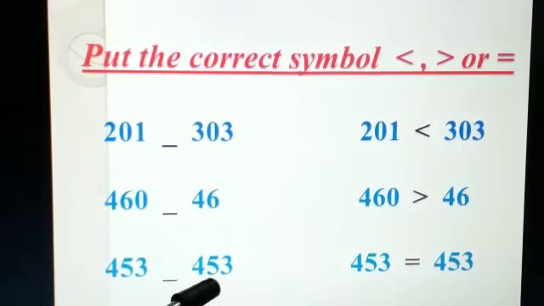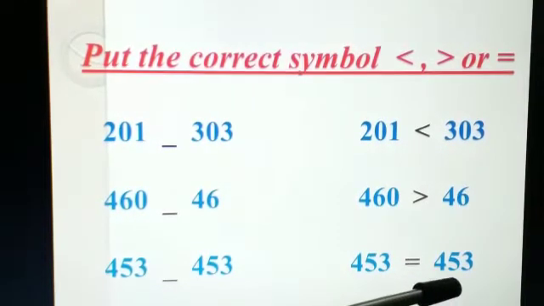This is also the same. Continue in the same way until we find unequal digits at the same place. Then we will compare the next digit, and the next digit is 3. This is also equal. That means 453 is equal to 453.